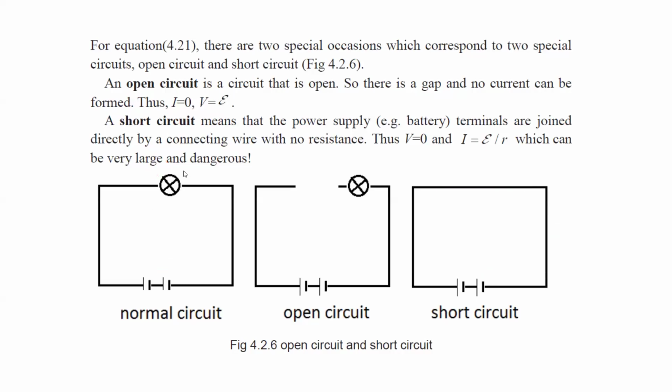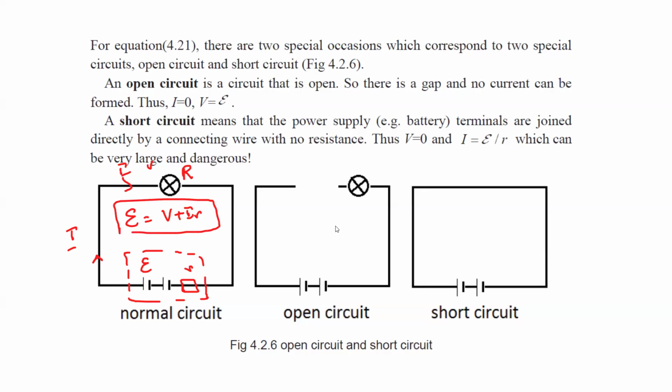So in this case, if the resistance of the lamp is R, the EMF is E, the current is I and the internal resistance is small r. When there's a current, we can use the formula EMF is equal to V plus Ir, where V is the voltage across it and I is the current passing. An open circuit means a circuit with no current in it.